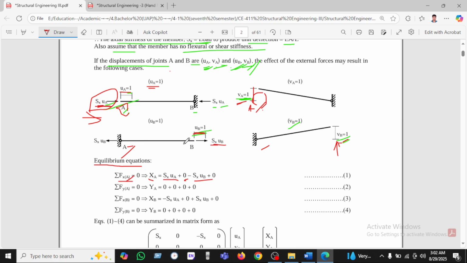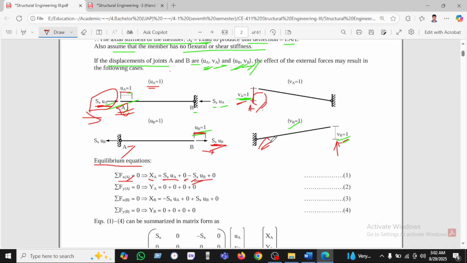And in the third figure we have Sx into UB, but since it is taken left to right, that's why it is minus. On the other hand, here it is taken left to right, so XB is positive.